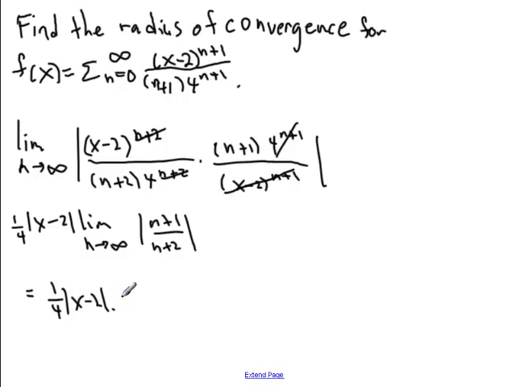So by the ratio test, we're going to have convergence whenever our limit is less than 1.